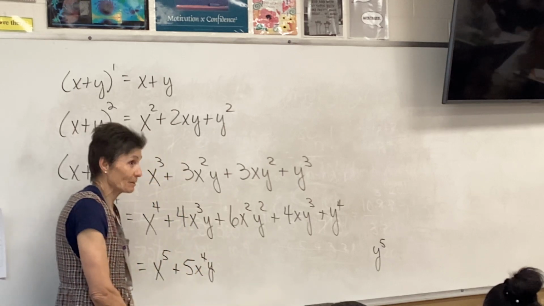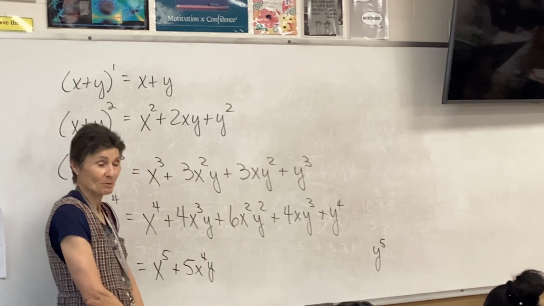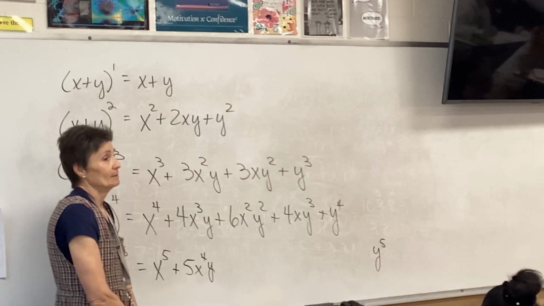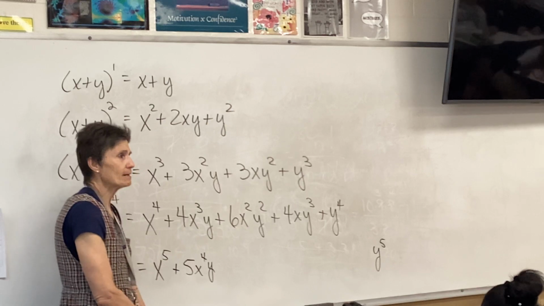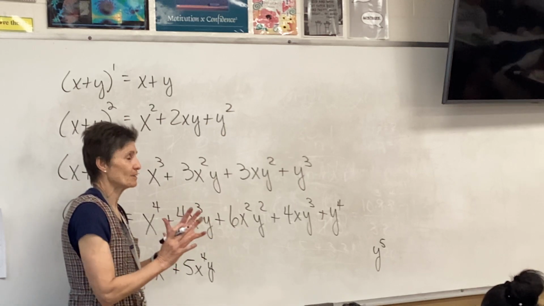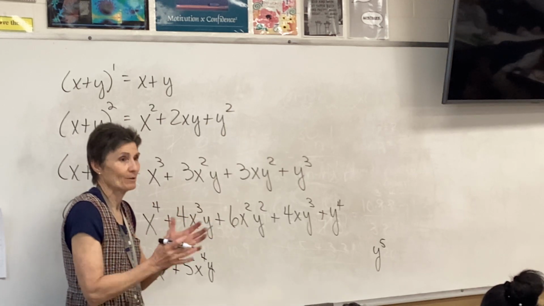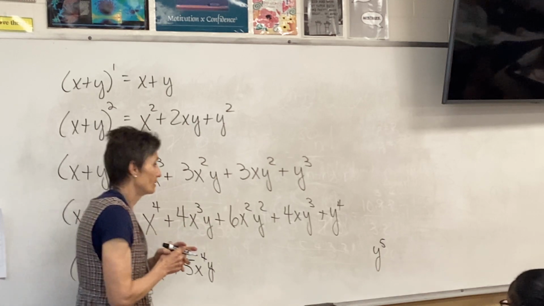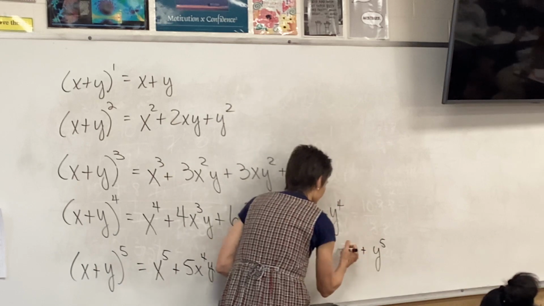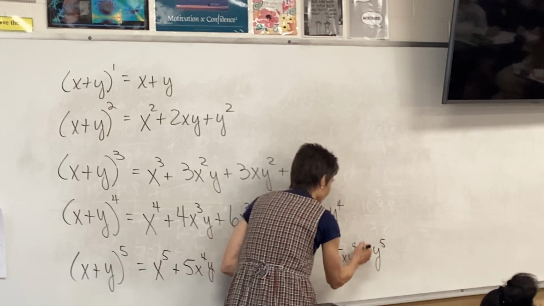I don't know. Is that what you think? All right, that's what we think, okay. Any other observations? Again, maybe not the whole thing, but do you see any kind of pattern happening? So this is gonna be 5x y to the fourth, he says.